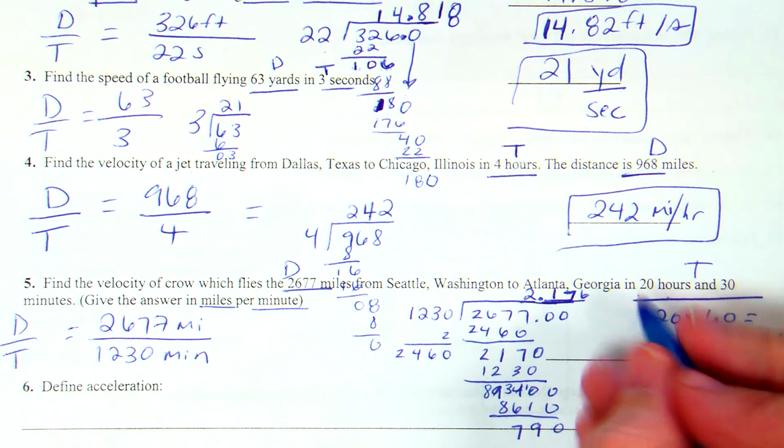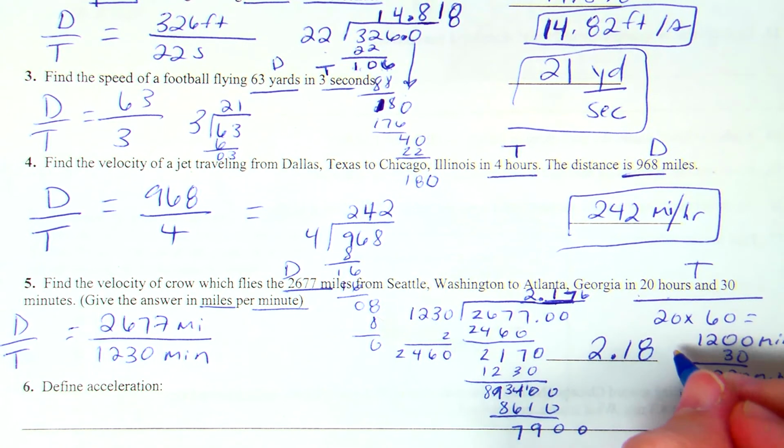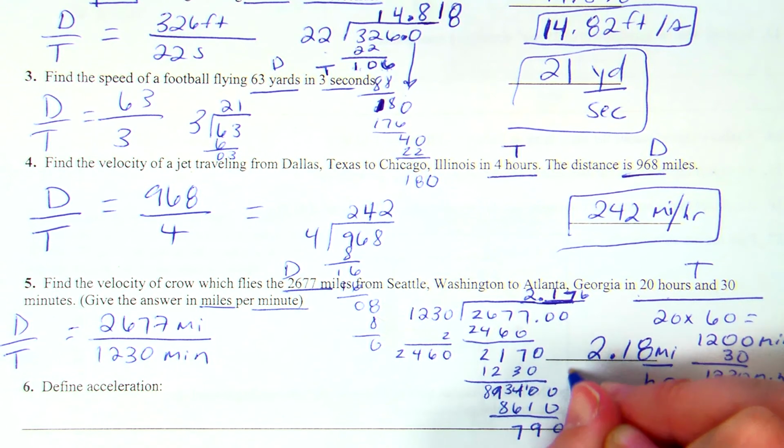Okay? So you could round that to 2.18 miles per hour.